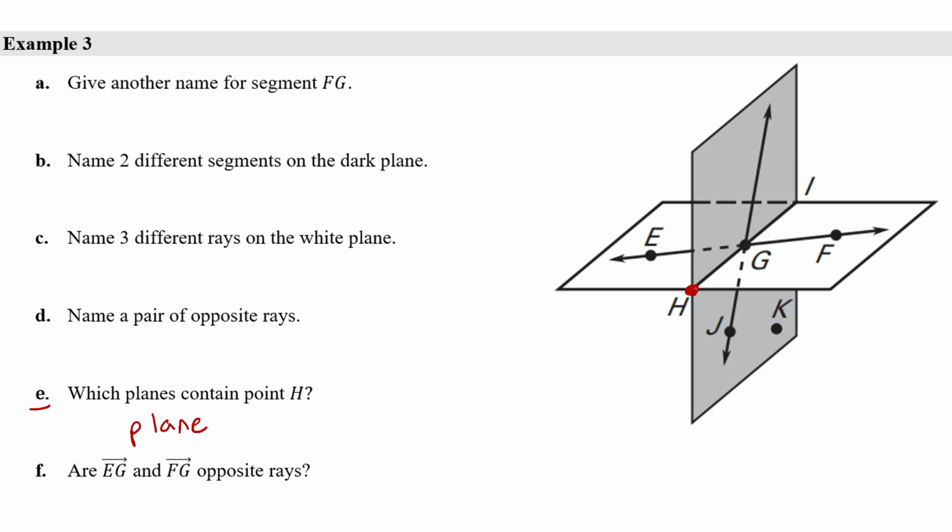Okay, so if I pick H, I can pick, for example, E, and I can also pick, for example, F. So I can call it HEF. But also the dark plane has this point H on it. So as long as I pick 3 points on the dark plane that are not on the same line, for example HJK, I can call it plane HJK.